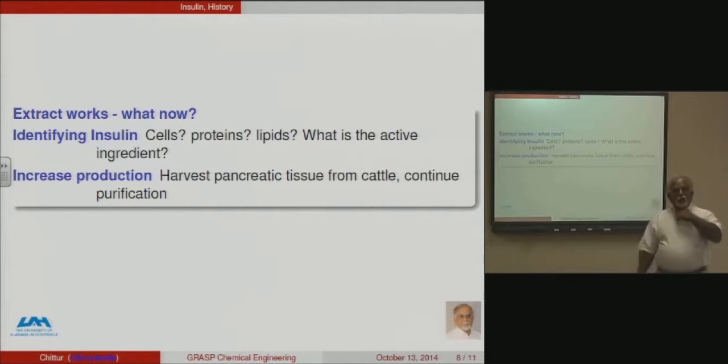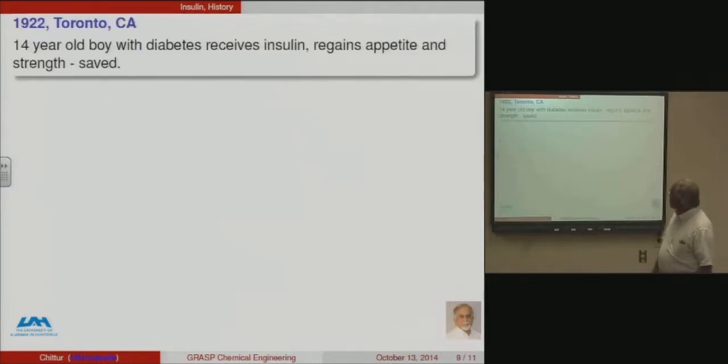The first attempt at making this drug was to take pancreatic cells and grow them, and recover the insulin from this culture, from cattle, and then continue purification. In fact, the initial insulin that humans used for many, many years was from isolated pancreatic tissue from cattle, packaged as drugs for humans.